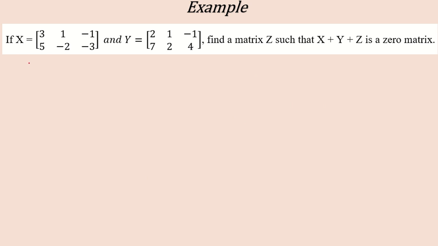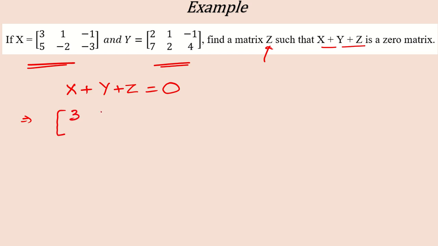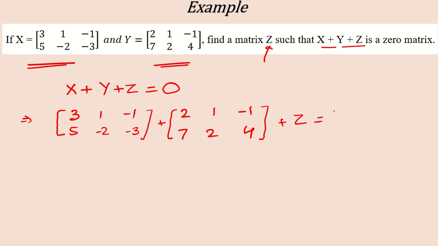Here they say, if X and Y are two matrices, then find the matrix Z so that X plus Y plus Z is a zero matrix, meaning X plus Y plus Z is equal to O. Matrix X is 3, 1, minus 1, 5, minus 2, minus 3, and matrix Y is 2, 1, minus 1, 7, 2, 4, plus Z is equal to the null matrix.